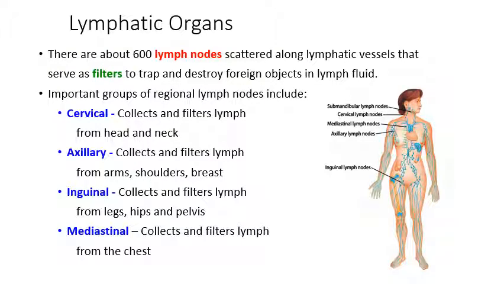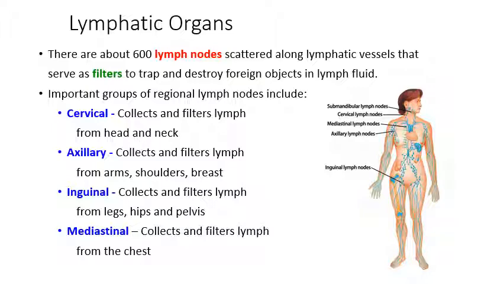All right. We also have a lot of lymph nodes. Lymph nodes are, again, these little filtration areas. All of your lymphatic vessels pass through lymph nodes on their way back to the circulatory system, so we can filter out any nasty stuff before we get back into the circulation. You have hundreds and hundreds of lymph nodes, and we organize them by the general region where we find most of them.